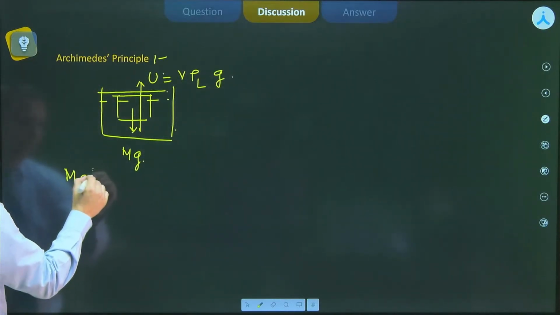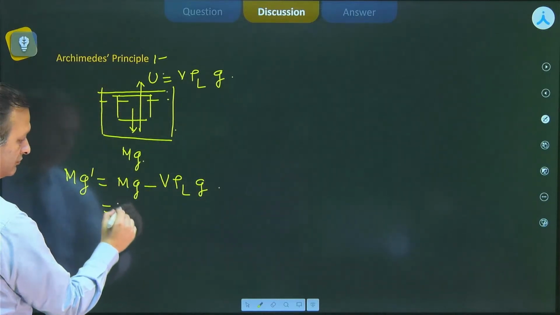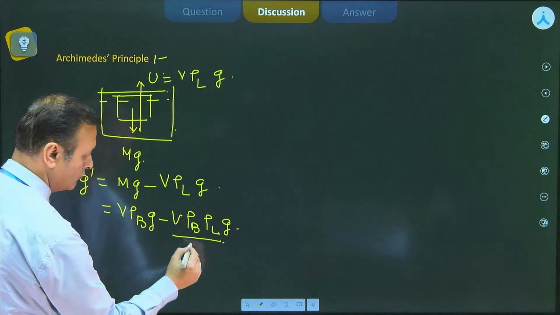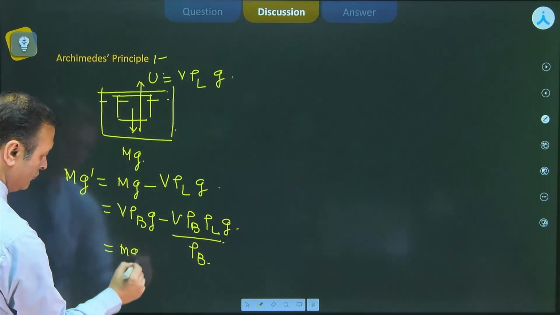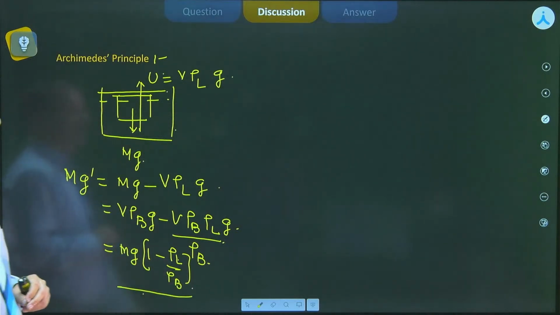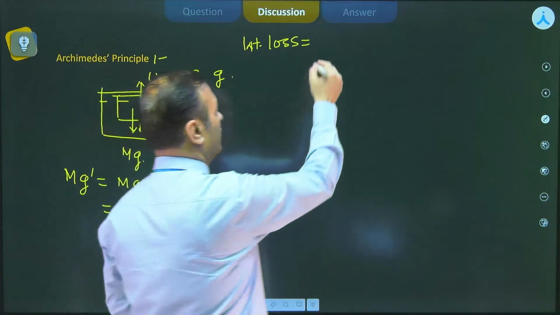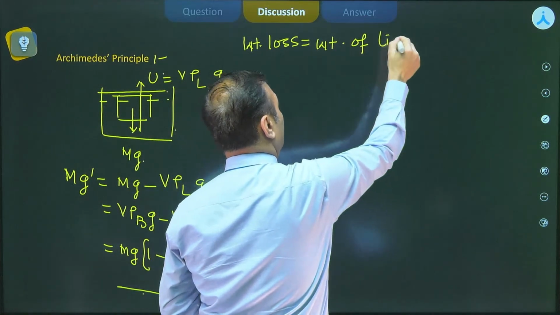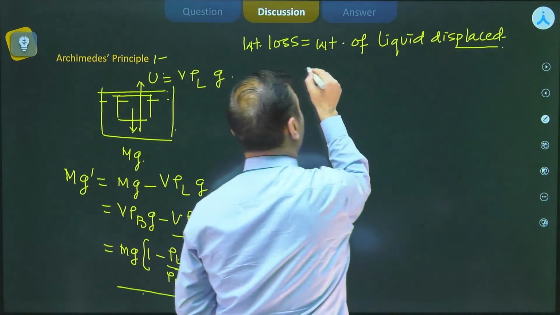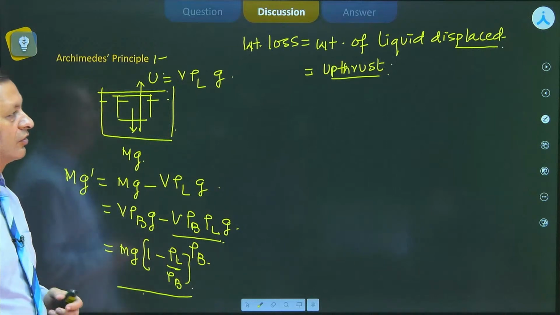So apparent weight of the body is weight minus upthrust, and it says weight loss by the body when it is immersed, maybe partially or fully, this is equal to weight of liquid displaced, and this is equal to upthrust. Got it?